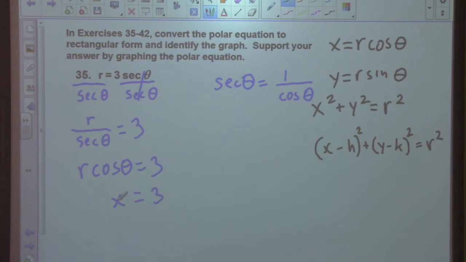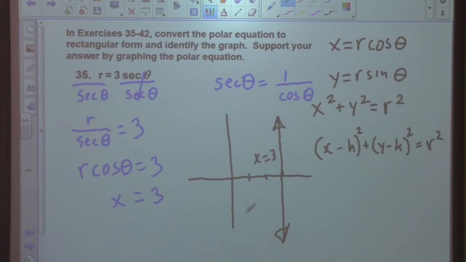And we're able to simplify this to a rectangular equation. So when we graph x equals 3, that's going to be a vertical line where it crosses the x-axis. So we're going to put x equals 3 right there. Okay?